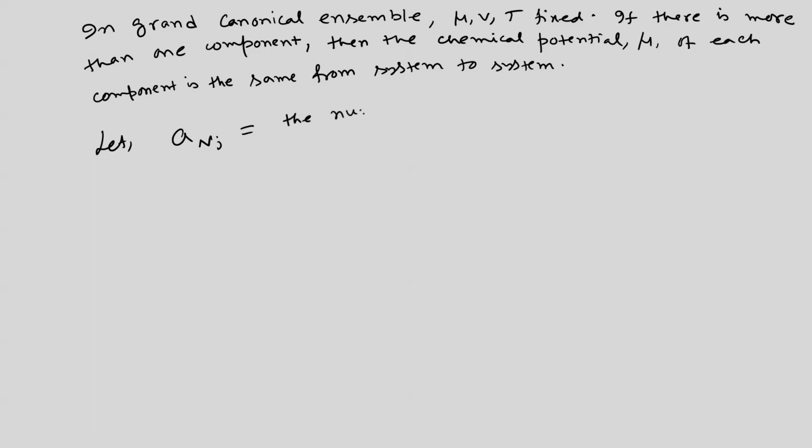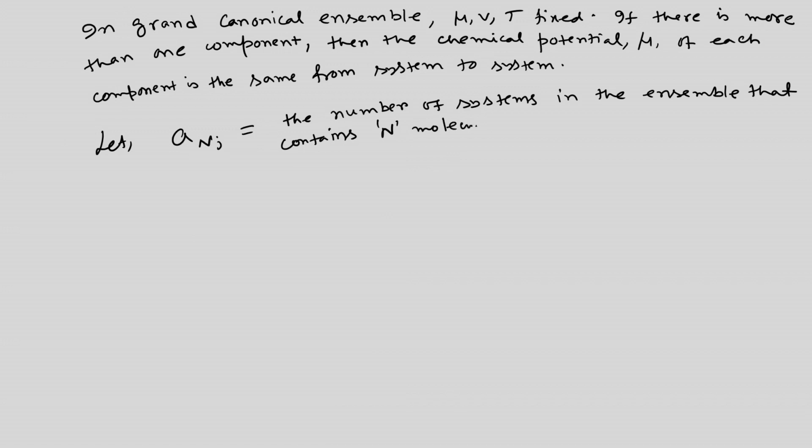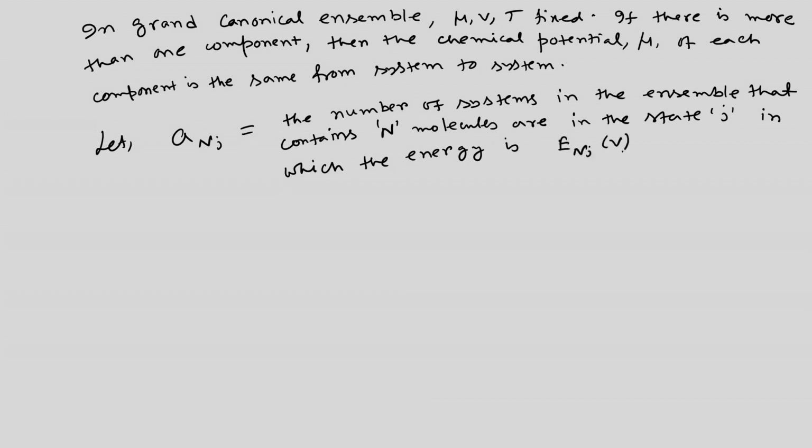Here we define a quantity A_nj. A_nj represents the number of systems in the ensemble that contain n molecules and are in the state j, in which the energy is E_nj.